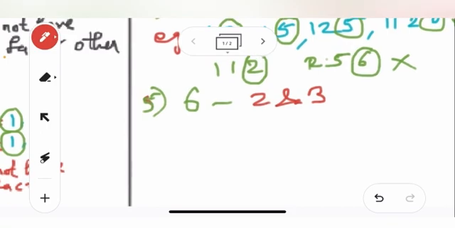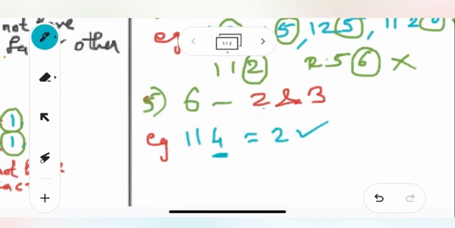Suppose I see the number, for example, 114. Here first we will check with 2. Now what is the divisibility rule for 2? The number in one's place should be either 0, 2, 4, 6 or 8. So it is 4, so yes, it is divisible by 2. The divisibility rule for 3 is you have to add all the digits and the sum should come in the table of 3.